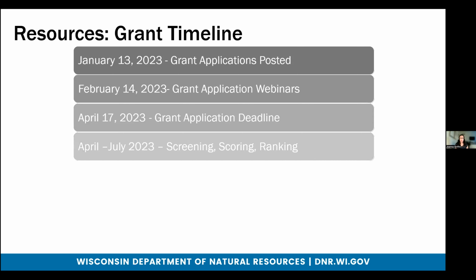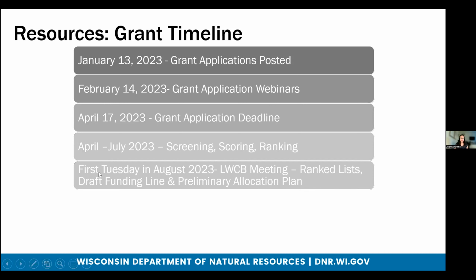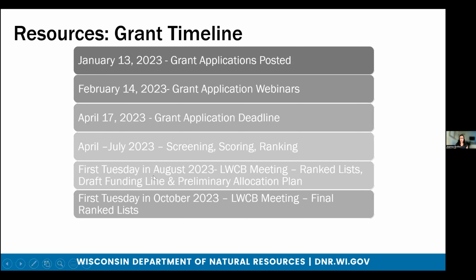Between April 17th and July, we will screen, score, and rank the applications. And then on the first Tuesday in August, we will go to the Land and Water Conservation Board meeting with our ranked list, our draft funding line, and preliminary allocation plans. This may change because it's a budget year, and if we do not have the budget yet, we will not be able to do our allocations at this time, and we may need to wait until the October meeting.